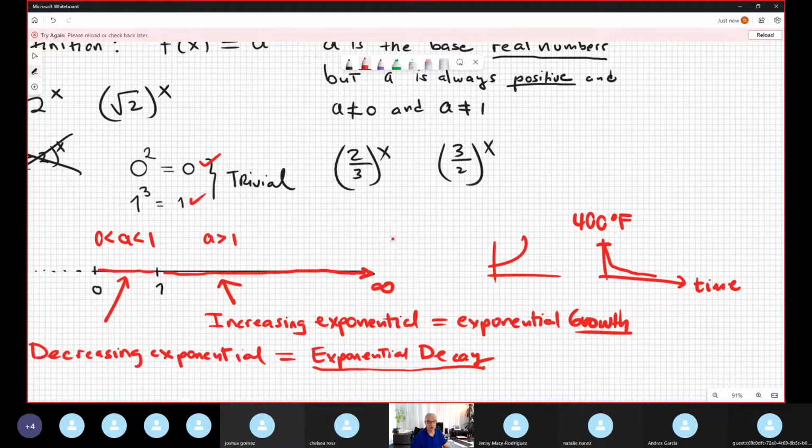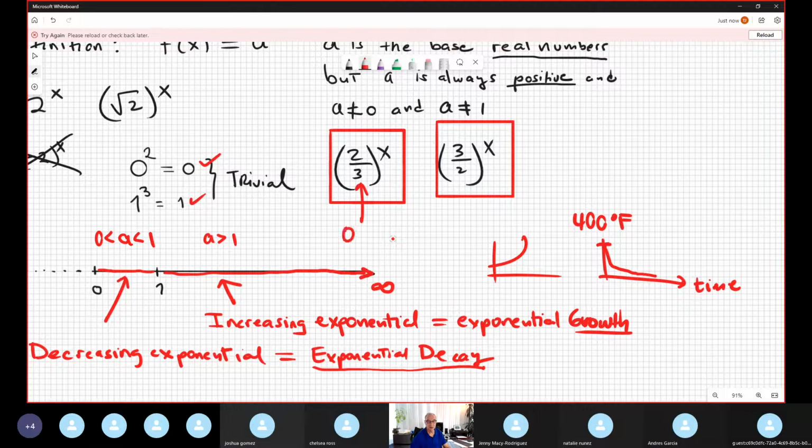And the reason it's decay is because the base is a number. For example, you see this example, okay? I put it here. This is 2/3. 2/3 is in decimal 0.6 repeated. It's less than 1. Therefore, this exponential is decay. However, 3/2 is 1.5.